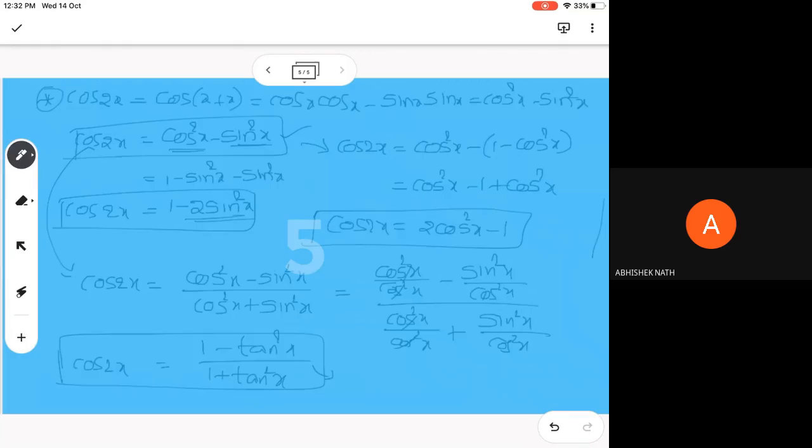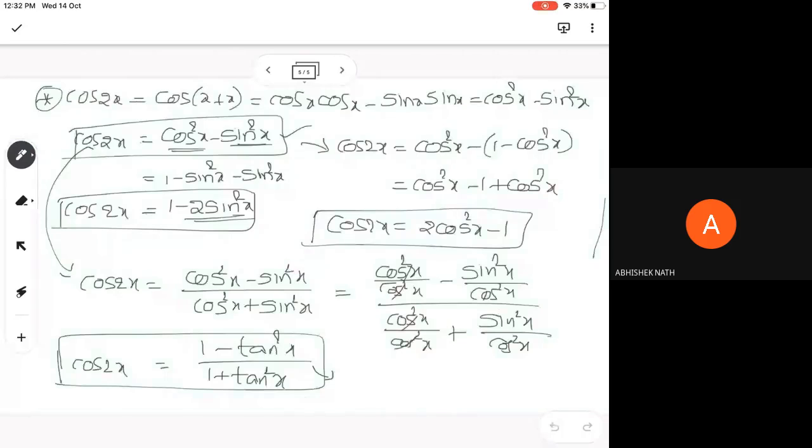On the y-axis, for every value x is 0, so tan is undefined. So did you understand here?